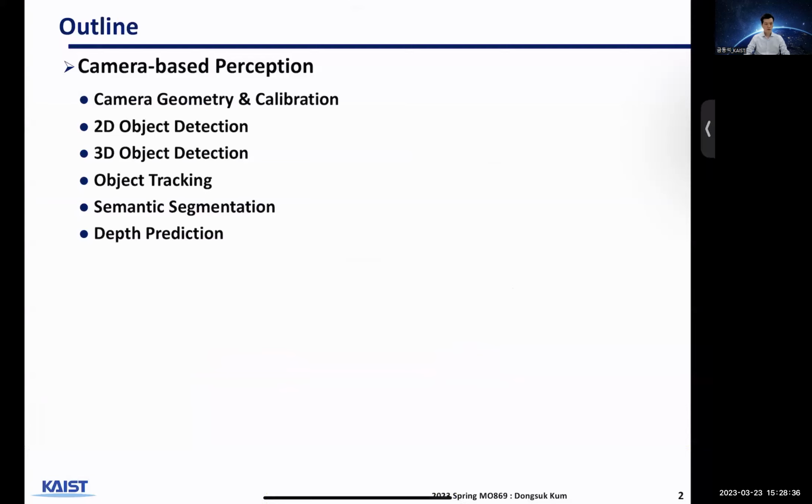Before we introduce you to various perception tasks and their details, I'd like to start with camera geometry and calibration, and then the following contents will cover the perception tasks.